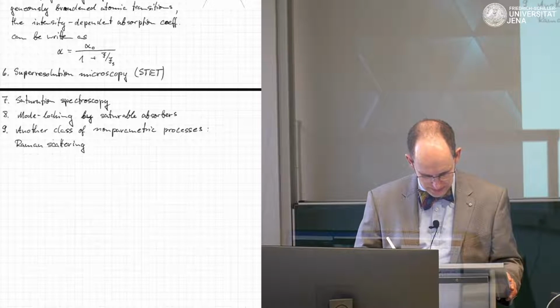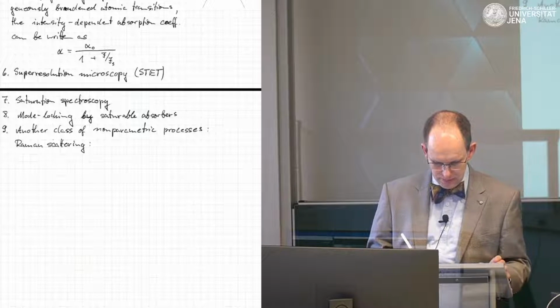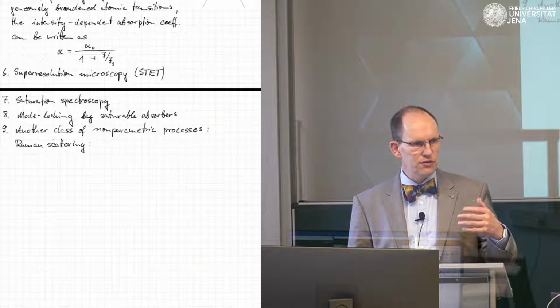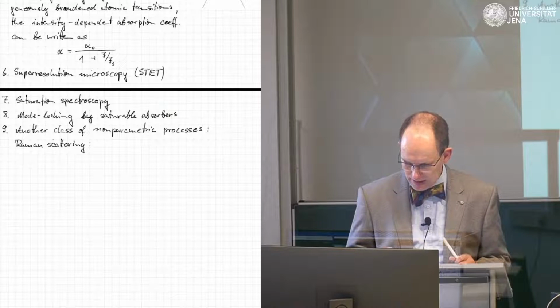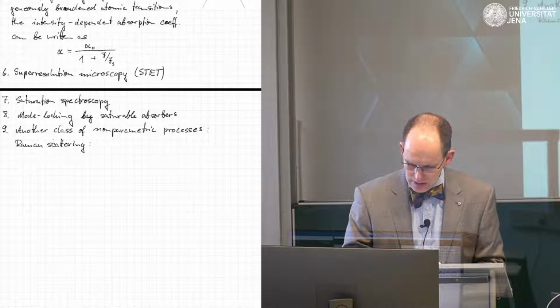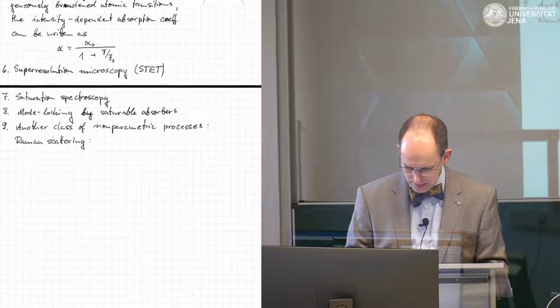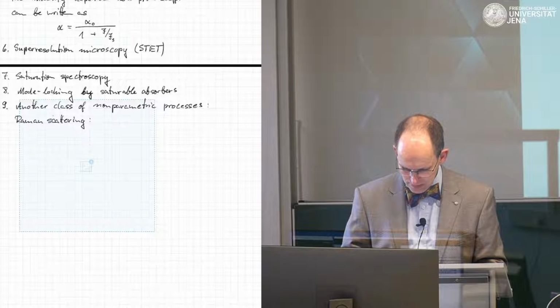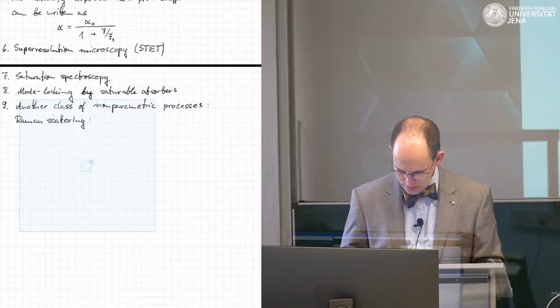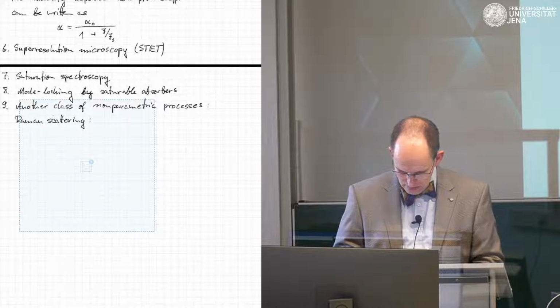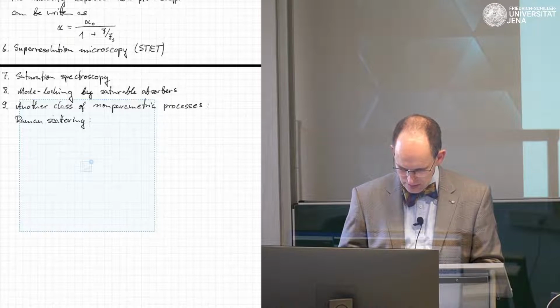So Raman scattering means that a photon h bar omega is destroyed, yeah, and a photon at a Stokes shifted frequency is created. So let me just show a figure for that. I don't have a figure here, so I have to draw it myself.